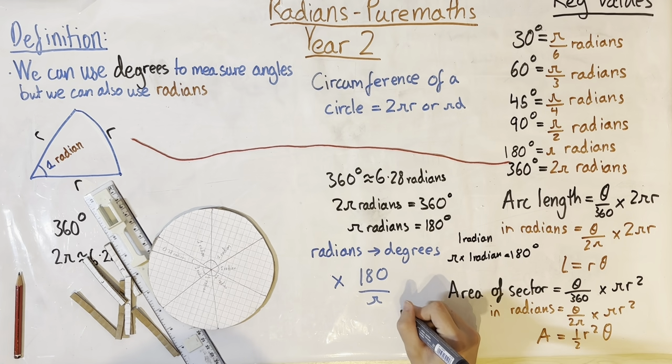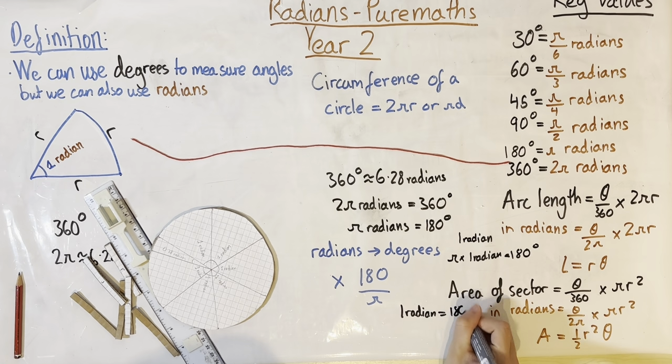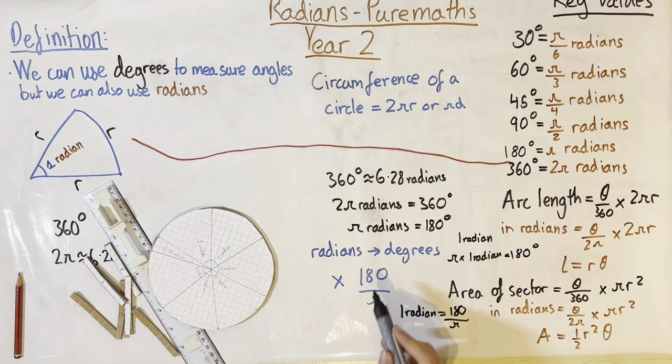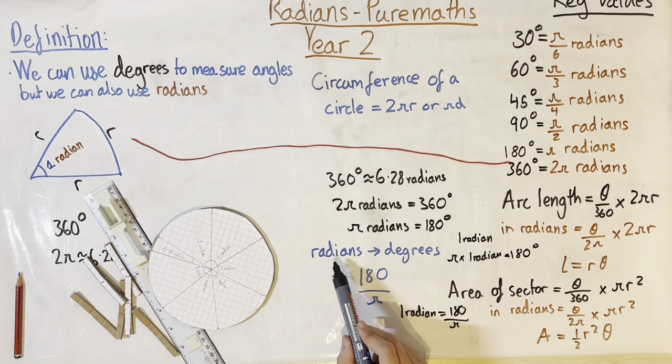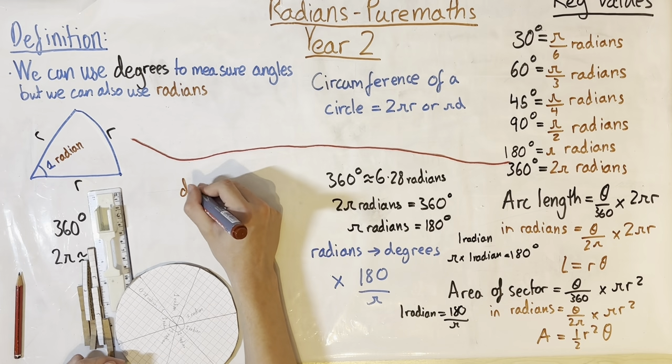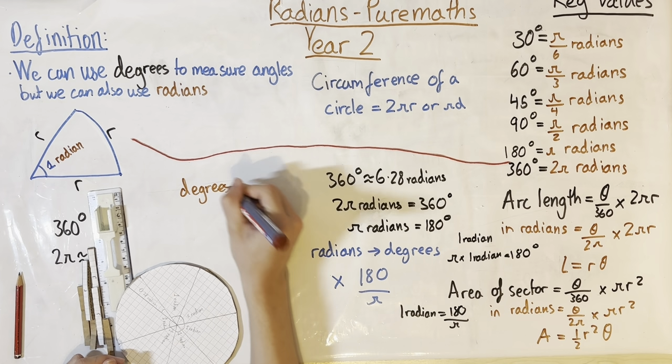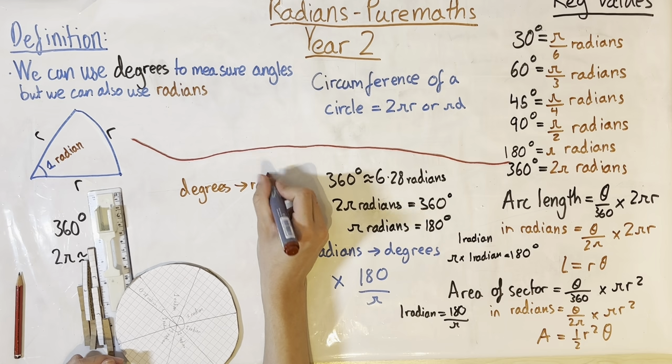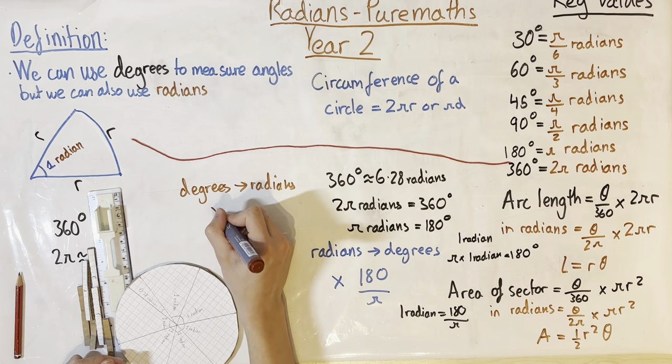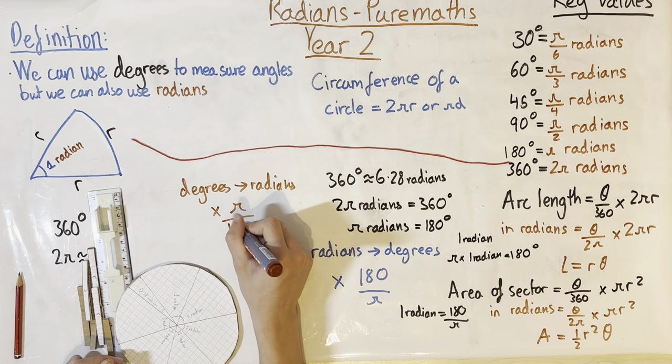That means that 1 radian equals 180 over pi. So to get from radians to degrees, we times by 180 over pi, and then to get from degrees to radians, we times by pi over 180. Let's just write this all out. So from degrees to radians, we times by pi over 180.